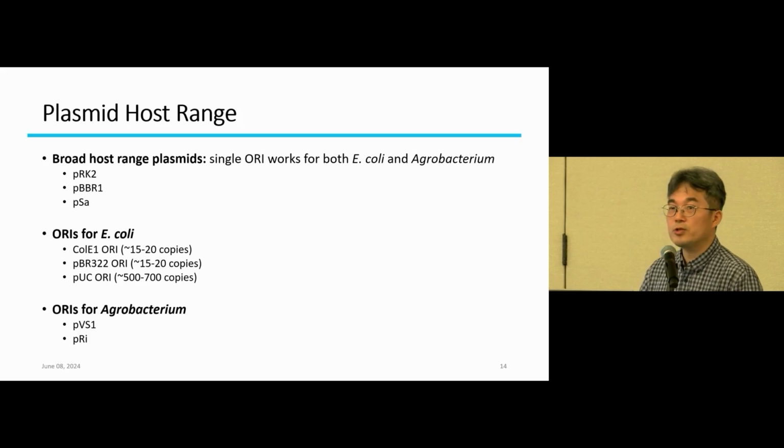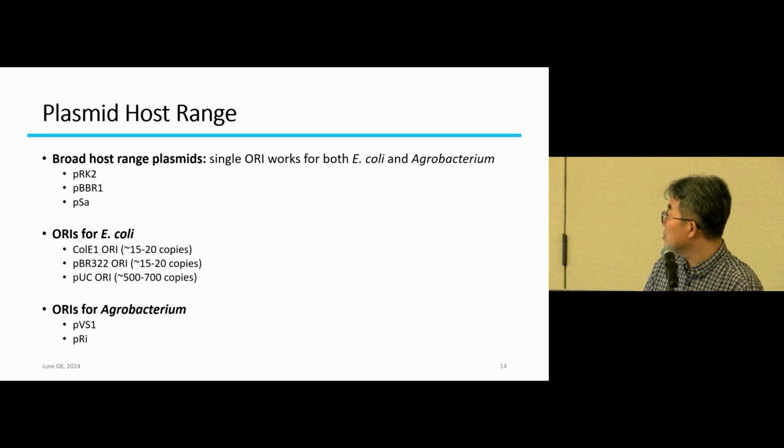So there's an area we can explore. If your binary vector suffers from low transformation frequency, you can make it have a higher copy number. If you have a high copy number, there's a chance that you produce more T-DNA within the Agro cell. Therefore, you can deliver more to the plant.